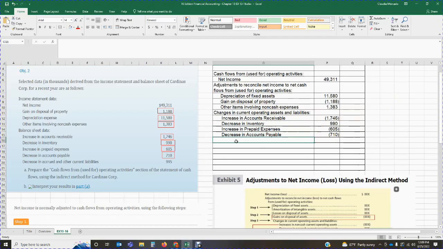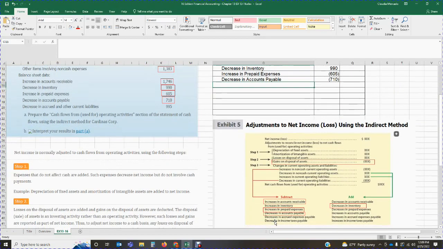Okay. Last but not least, we have a decrease in accrued and other liabilities. Decrease in accrued liabilities. Okay. So if we have a decrease in accrued expenses, we're going to go ahead and subtract.